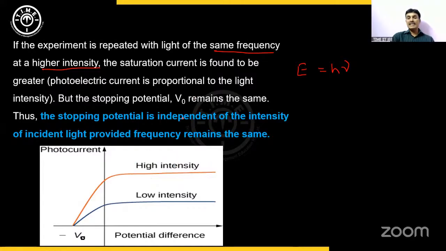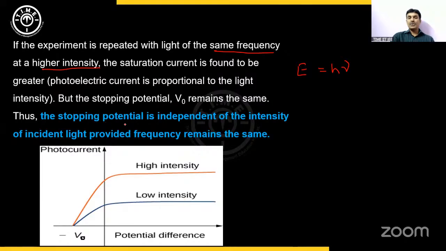When the intensity is reduced, it doesn't mean that the energy of each photon is reduced. Photons are of the same energy, but the number of photons is decreased. With fewer photons, fewer electrons are released, so less current is established in the circuit. That leads to low saturation current.